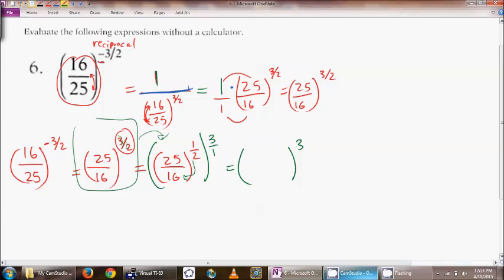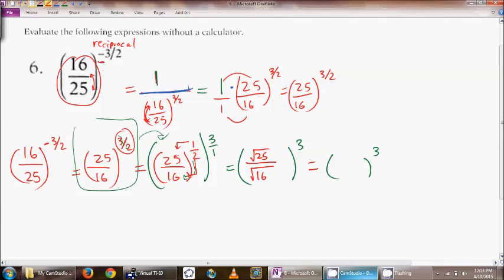My green says take whatever's inside those parentheses and raise it to the 3rd power. And now we're going to evaluate the red. The red is saying take the square root of my numerator, 25, and you have to distribute it to both numerator and denominator, and take the square root of your denominator. Okay, so the square root of, let me put this in green again, 3.